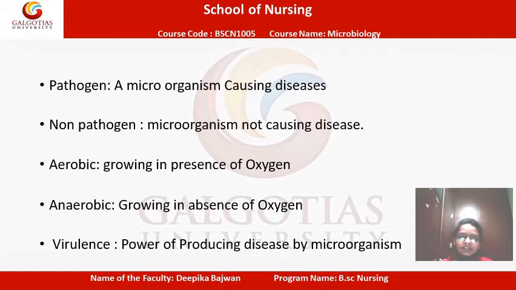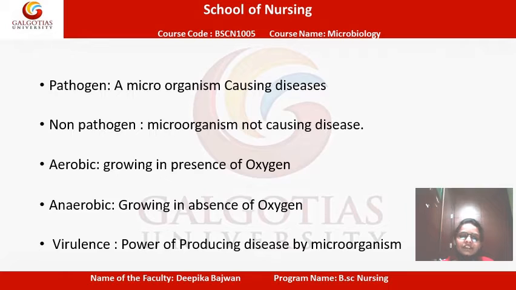Again, we have these two terms, aerobic and anaerobic. Aerobic means the bacteria which grow in the presence of oxygen, and the bacteria which grow in the absence of oxygen are known as anaerobic.